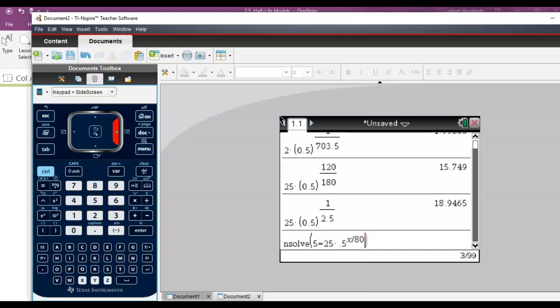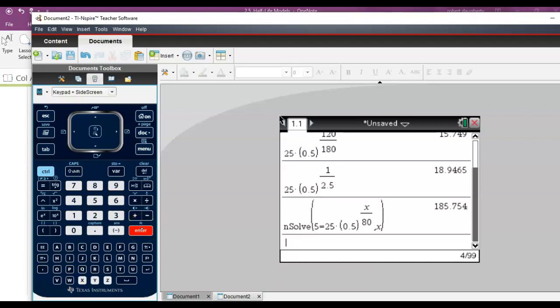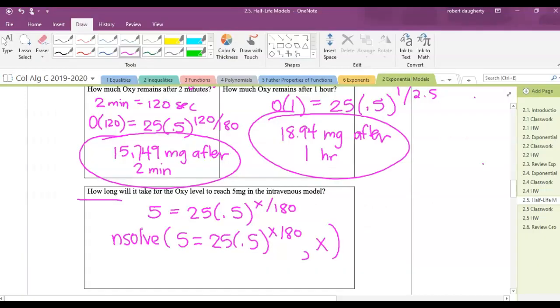So I'm looking for my comma real quick, comma x, and there we go. So solve that equation for x. X is 185.75. So let's go back and see what that represents.